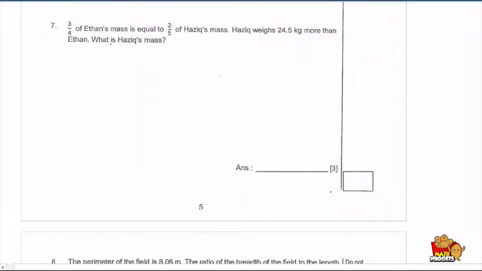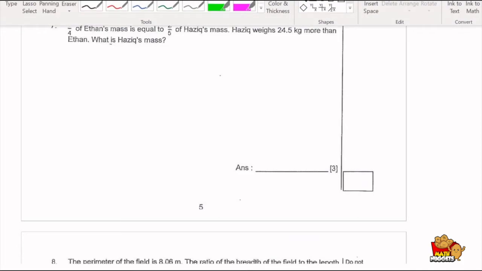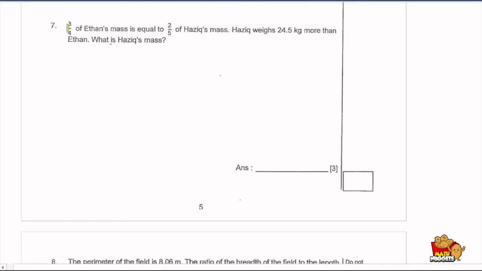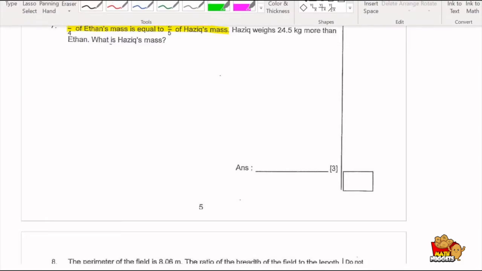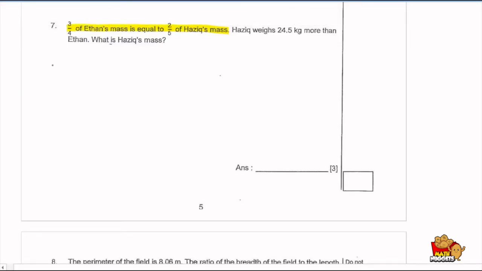Question 7. We have equal fractions. A fraction of Ethan is equal to a fraction of Haziq. So what happens if this is equal fractions? Now let me write down. So Ethan and Haziq, 3/4 and 2/5.